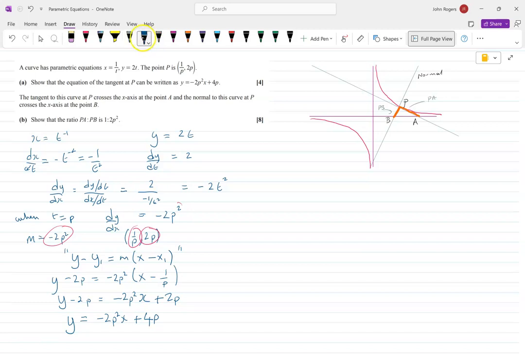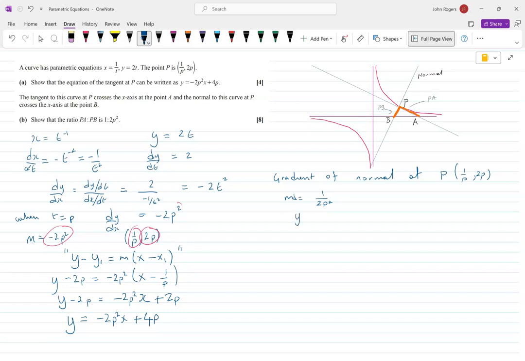The gradient of the normal at P, and remember the coordinates of P are 1 over p, 2p, is minus 1 over the gradient of the tangent. So let's call it M perpendicular, just to make sure it's a normal, is equal to the reciprocal of that, which is 1 over 2p squared. Change the sign and find the reciprocal. Okay, and we've got the coordinate.